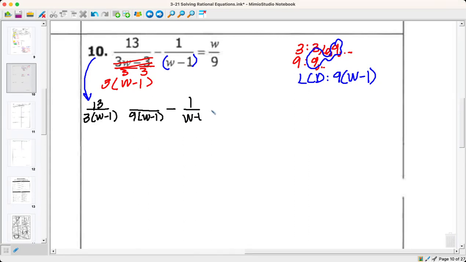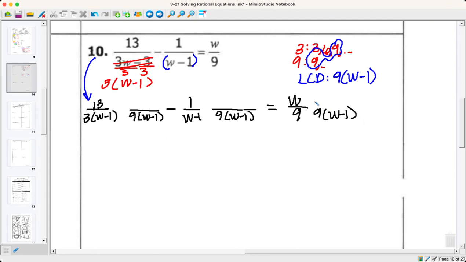I need my new denominator, save a little space here, to be 9 parenthesis w minus 1. And then last on this side, I have w over 9, but I am needing my new denominator to be 9 times w minus 1.